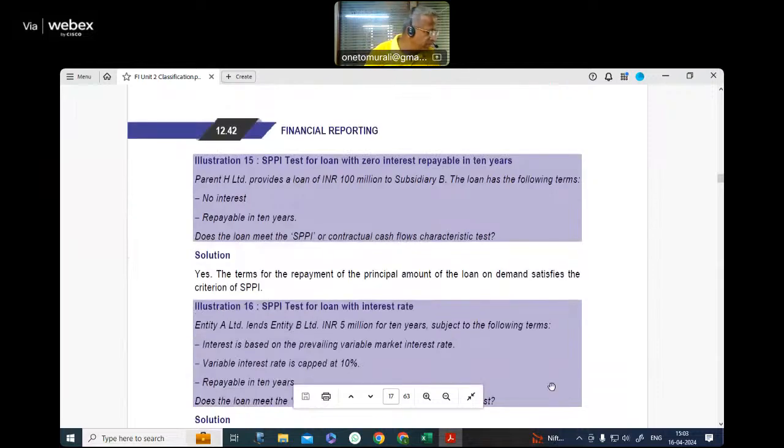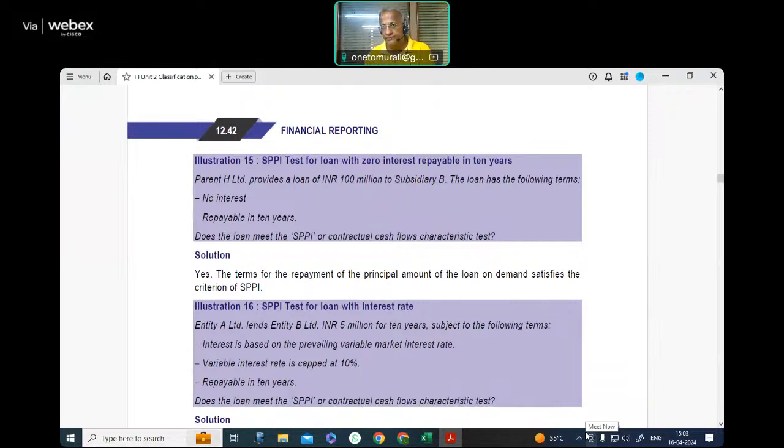So now let me just pick up, because we have just made note of what problems we are going to do. I've just made a bookmark. So now let us take up the problems.